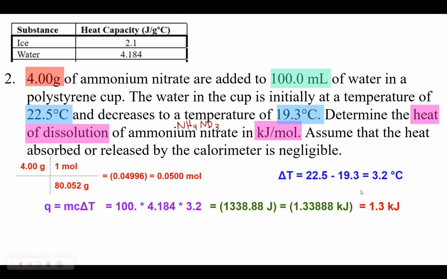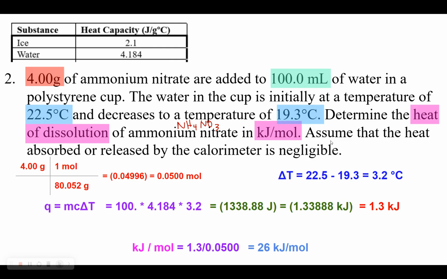Once again, it's going to come out in joules because our standard and heat capacity has just normal joules in it. But if we want kilojoules, we move that decimal 3 times to the left, and we've got our kilojoules. And now we just need to divide the kilojoules by our moles. 1.3 divided by 0.05 gets us 26 kilojoules per mole.